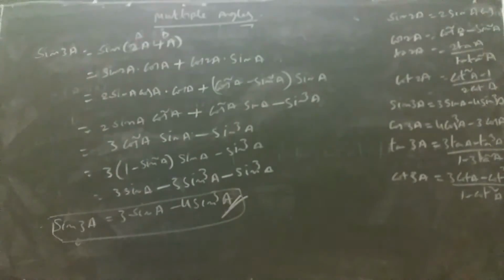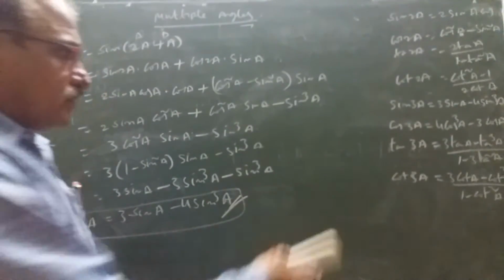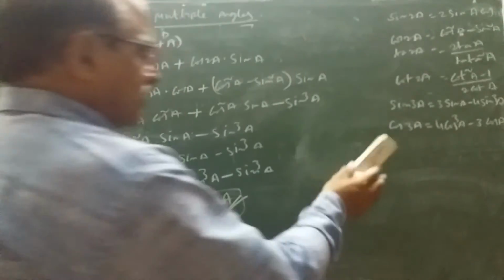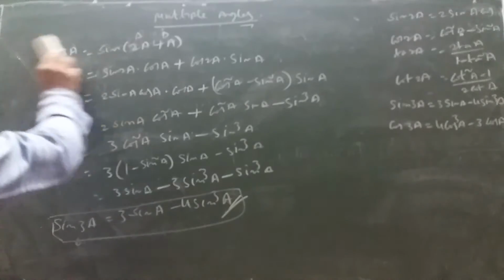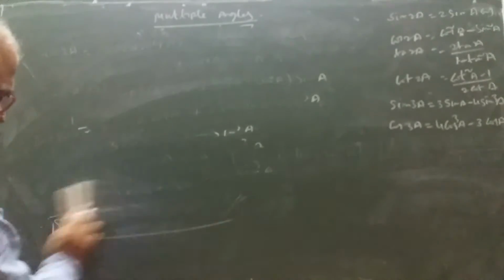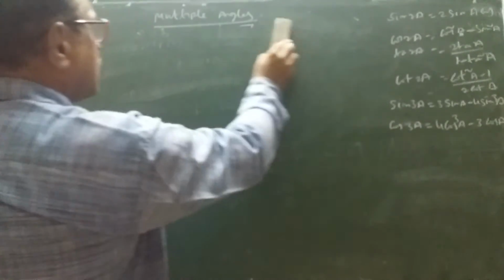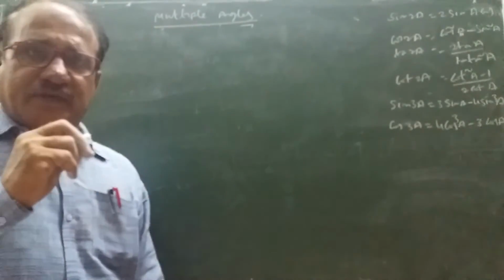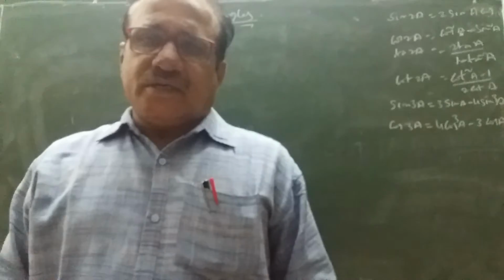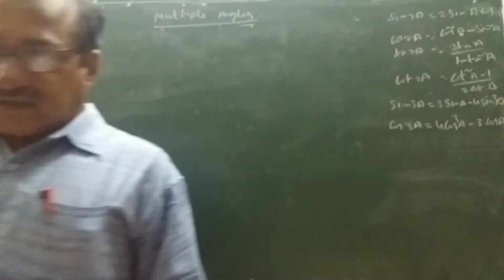These are the main important formulas regarding sin 2A, cos 2A and tan 2A. The proofs also will be there. So now we have to apply these angles.